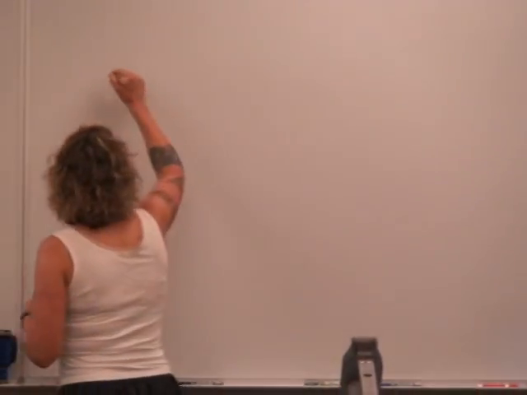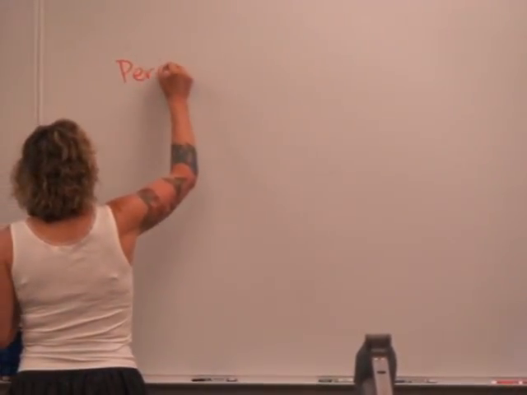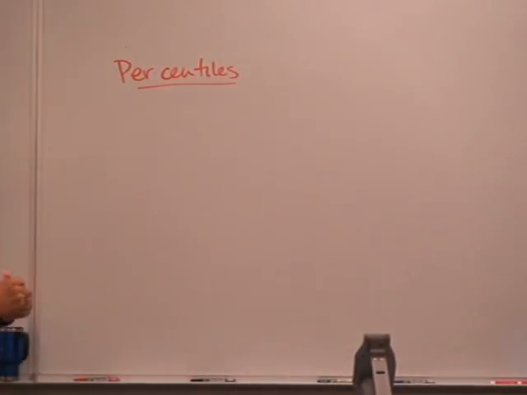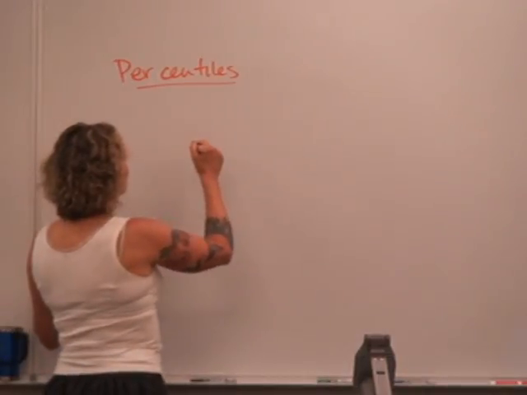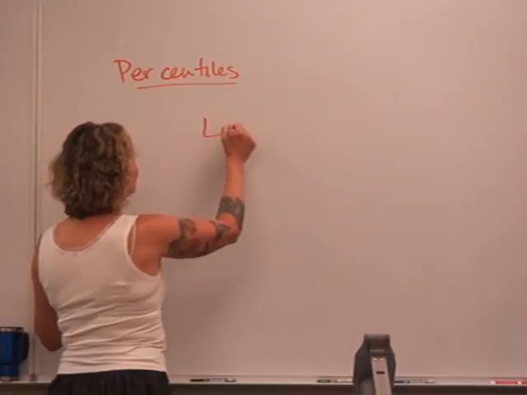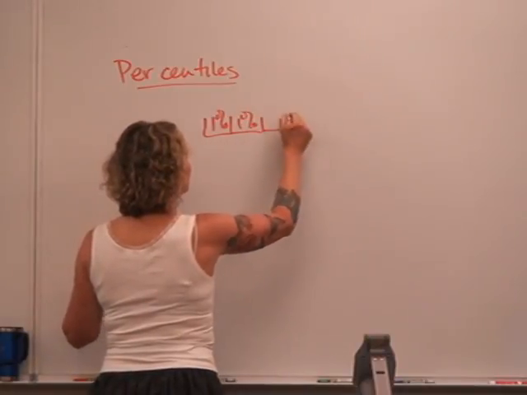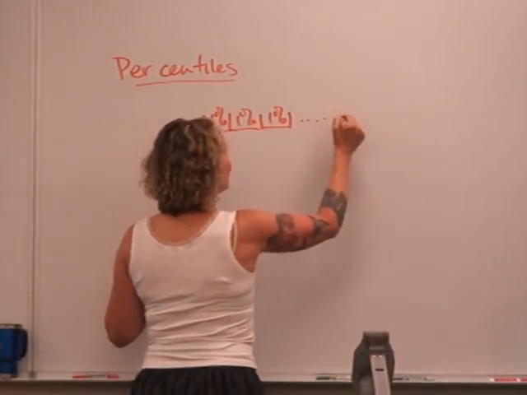Okay, so another way to look at position is with percentiles. Percentiles are, if you could ideally divide the data up into 100 little compartments, smallest to biggest, where like 1% is in each compartment. And you would have 100 of these.